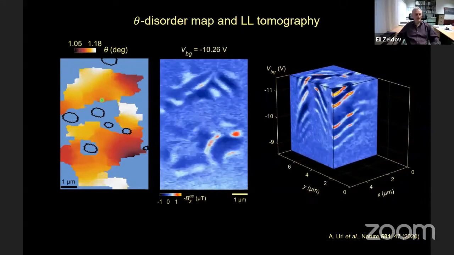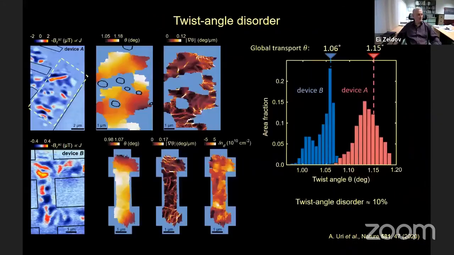But this is the slide that I skipped. So this is just a numerical derivative, because we have such high sensitivity, we can simply take the derivative. And you see that the twist angle looks as if it changes smoothly, but actually it mainly changes in steps. So you have some smooth gradients and then steps, which are essentially a network of stacking folds that you have to release the energy, right?